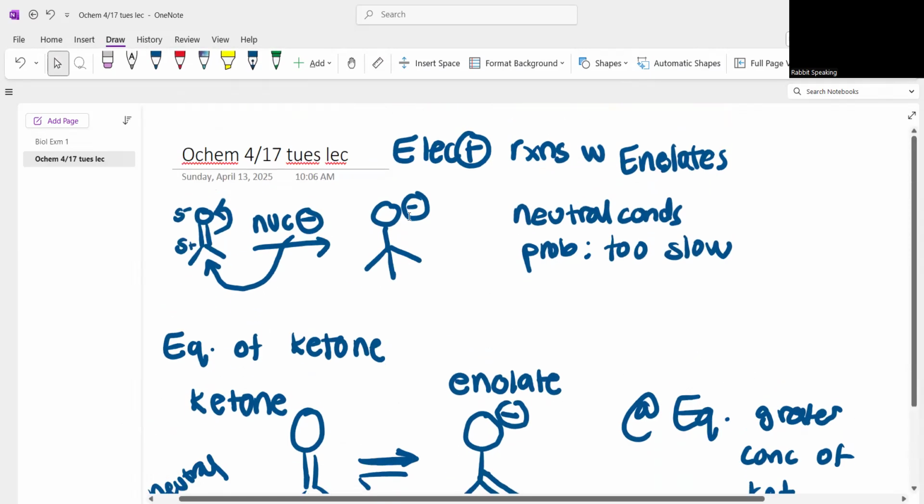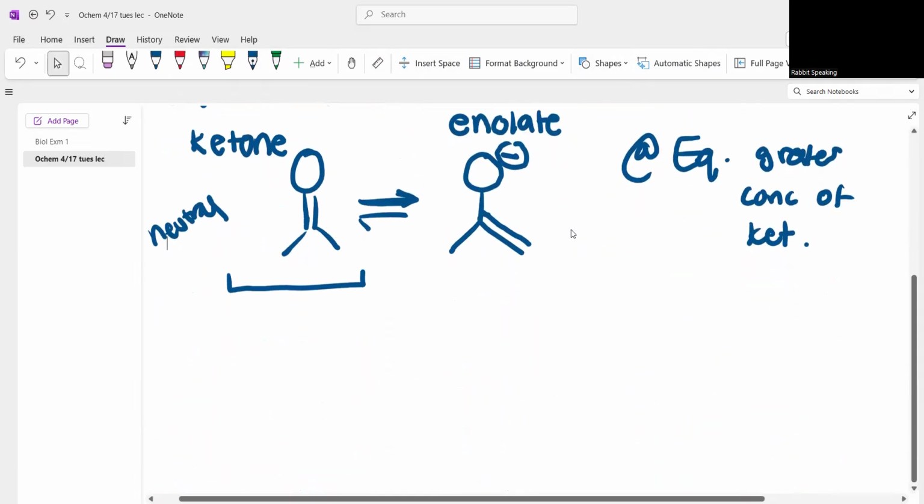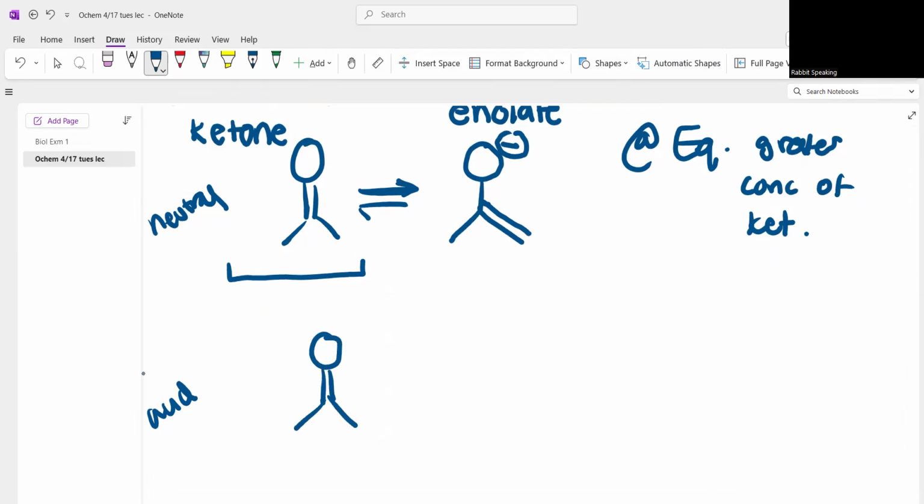Now, if you do this in acidic conditions, so you introduce H+, you will still have your equilibrium favor a greater concentration of your ketone. However, we will have more enolate than in the prior neutral conditions.